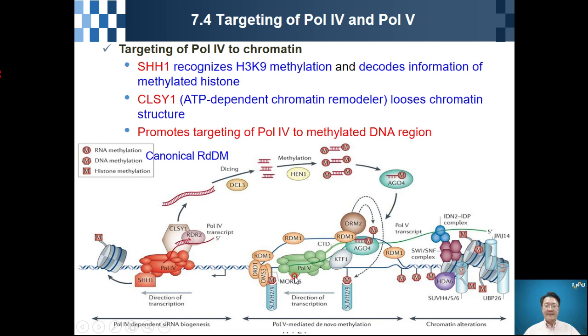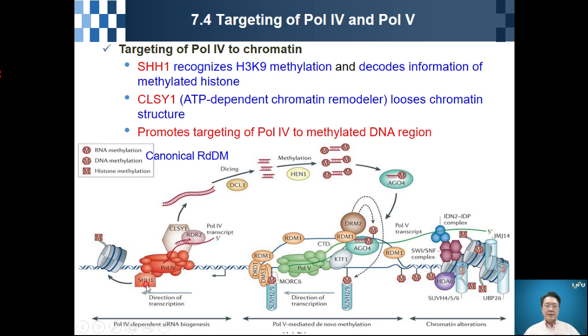In step 2, polymerase 5 is targeted to the DNA region. But at that time, I did not explain how to target polymerase 4 or polymerase 5 to chromatin. So now I will explain the details.